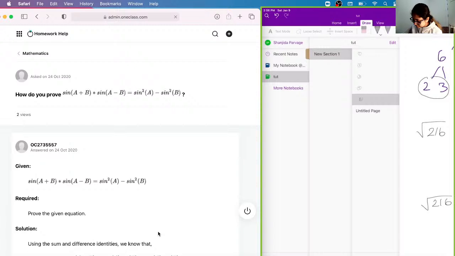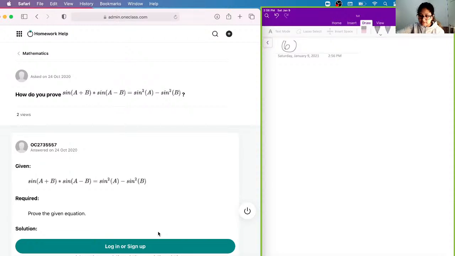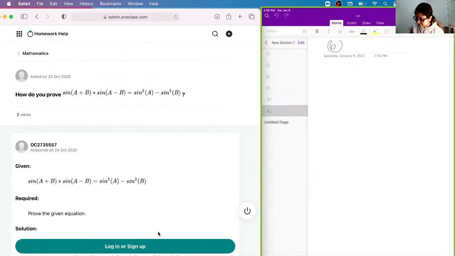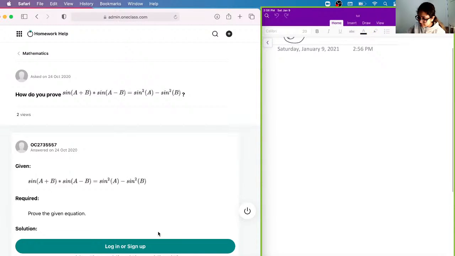Question: how do you prove sine of a plus b times sine of a minus b? So we're trying to find what this whole expression is equal to.